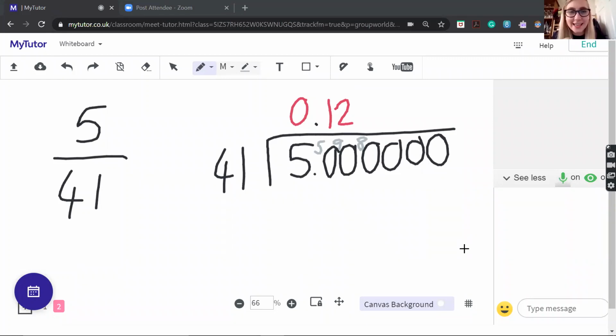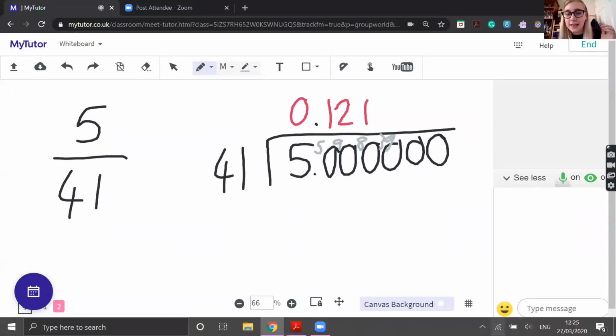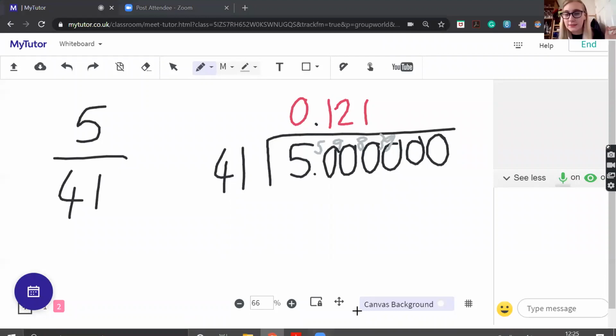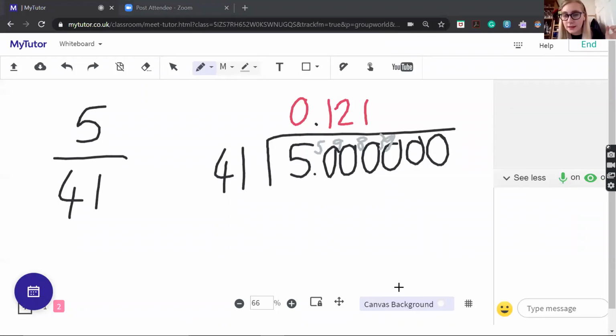So 41s into 80 is just going to go 1 time. And then we have this horrible remainder of 39. So now it's 41s into 390 and so on. But this is the first 3 digits of that. Hopefully that makes sense.